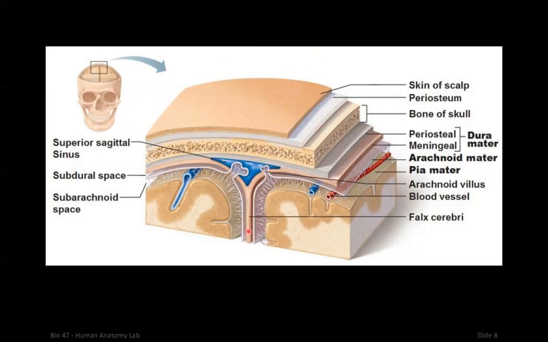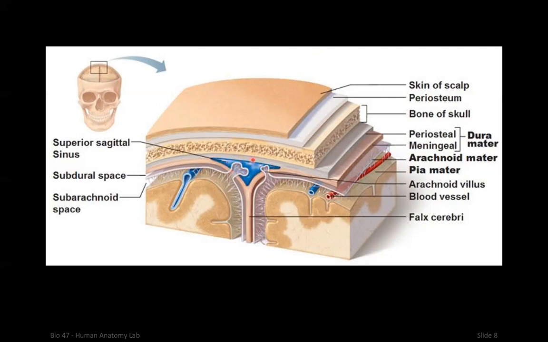And in this case, it's forming a fold that's called the falx cerebri. So typically these folds are called the falx, and then they have a descriptive name. So this is a fold into the cerebrum. It's the falx cerebri. And when dura mater separates from the bone to form a dural fold, then there's some space that's left behind. So now there is an open space between the dura mater and the overlying bone.